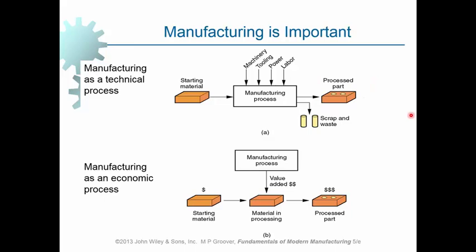And in doing this, of course, if we are required to remove some material from the raw material, we've got to remove some scrap and waste in order to produce the process part. We will end up with scrap and wasted material, and also the process part which will have a shape and geometry different from the starting raw material.